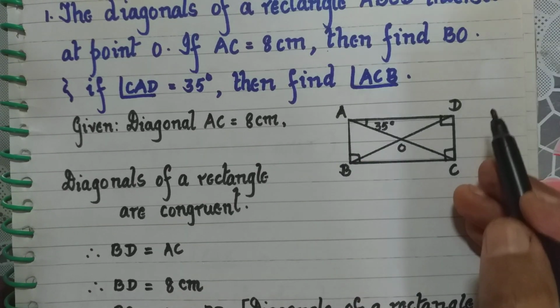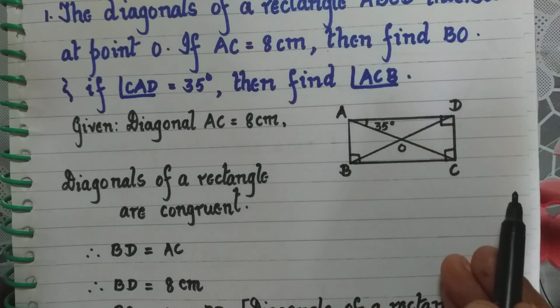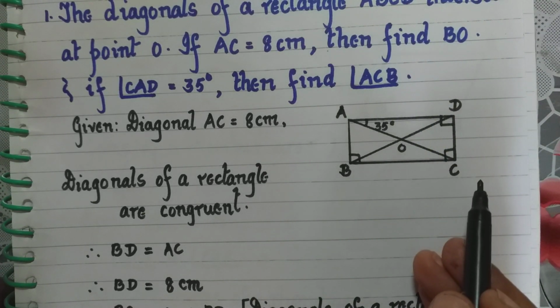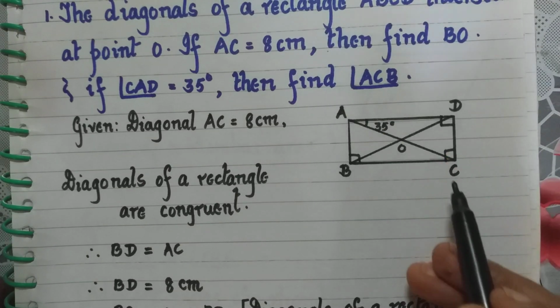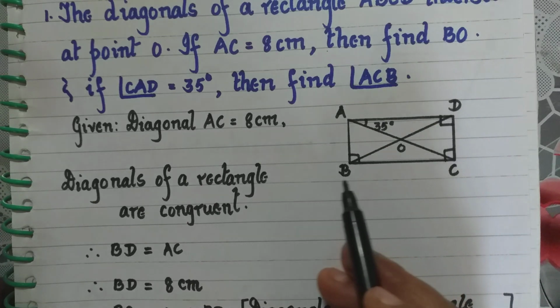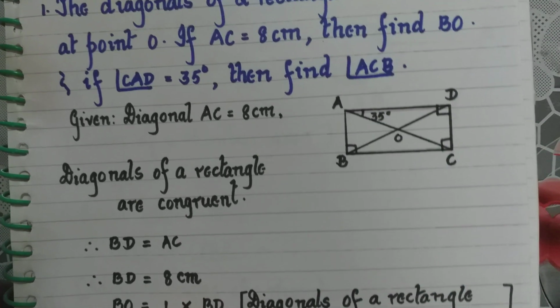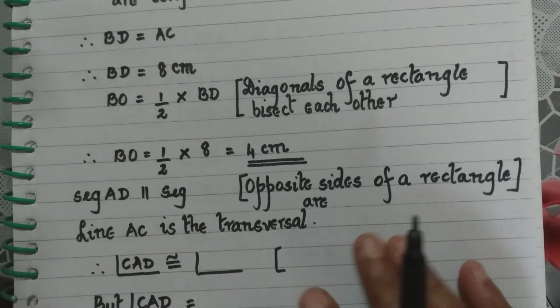So segment AD is parallel to segment BC, and AC can be the transversal. Therefore, angle CAD will be congruent or equal to angle ACB. So, let us see how we write it here.